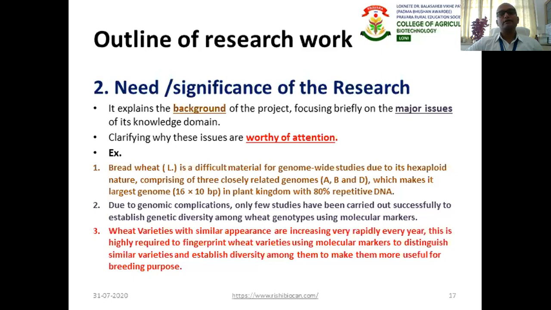That means your parents should be genetically diverse. If they are diverse, you will get hybrid vigor. What is hybrid vigor? The offspring will give more yield than the parents if they are genetically diverse.